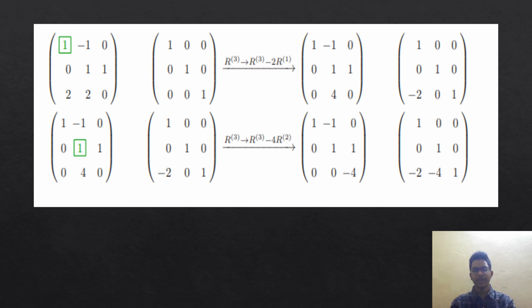Then we get [1, -1, 0; 0, 1, 1; 0, 4, 0] next to [1, 0, 0; 0, 1, 0; -2, 0, 1].